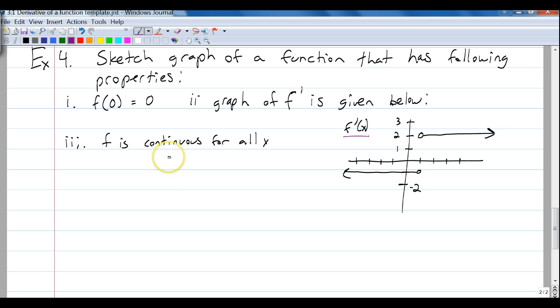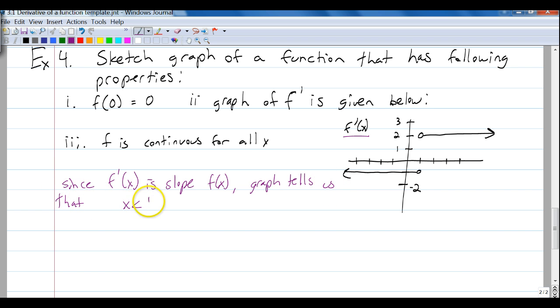I'm going to just sketch a graph. We know a few things. Since f prime of x is the slope of f of x, this graph tells us that when x is less than 1, the function has a constant slope of -1, and when x is greater than 1, it has a constant slope of 2.